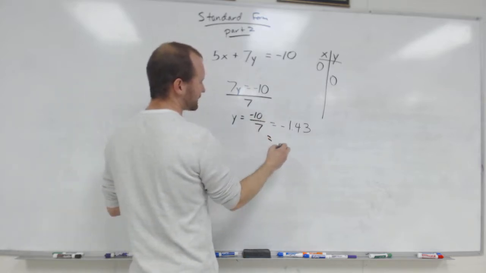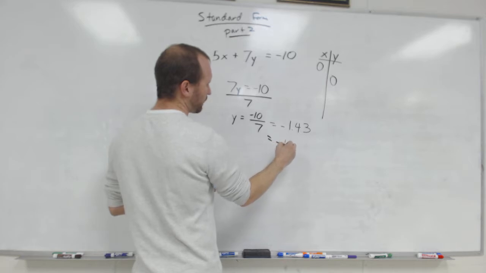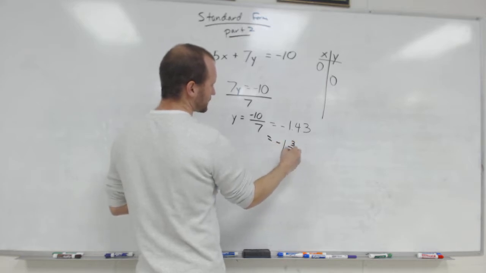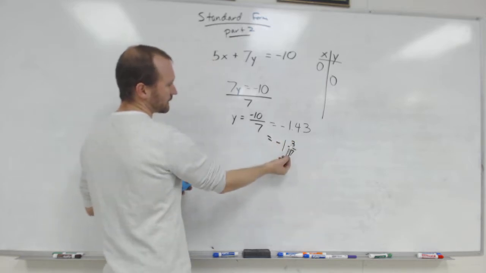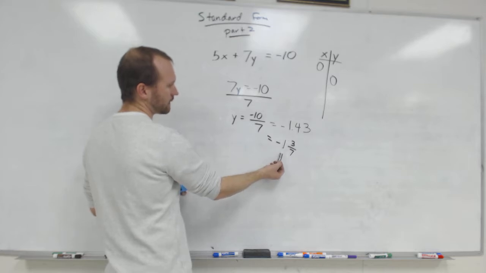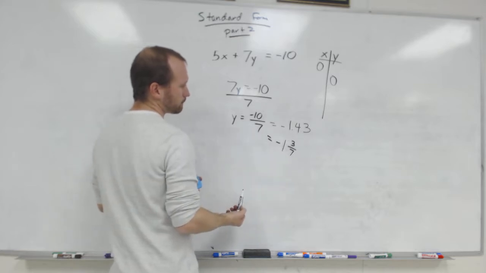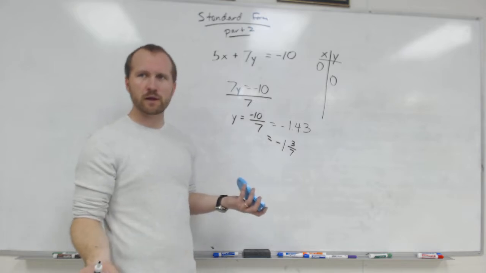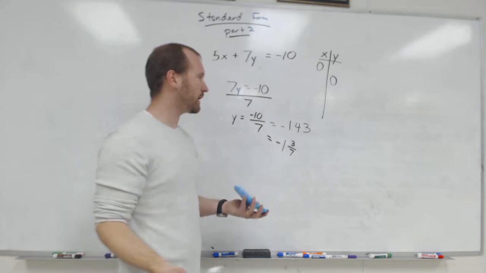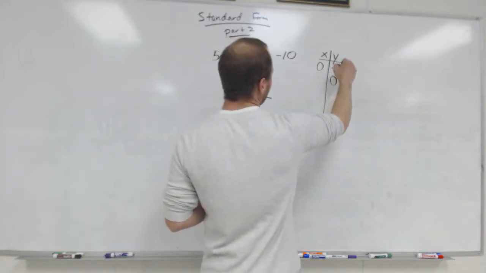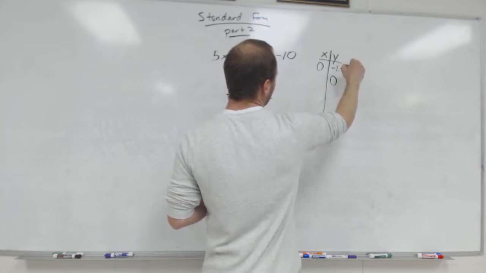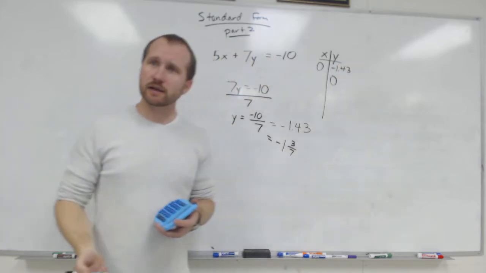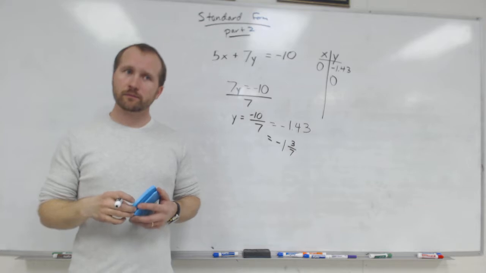I know that negative 10 sevenths is equal to negative 1 and 3 sevenths, by taking 7 out of 10. So that's my y-intercept. I kind of prefer the decimal. I just think it's a little bit cleaner.